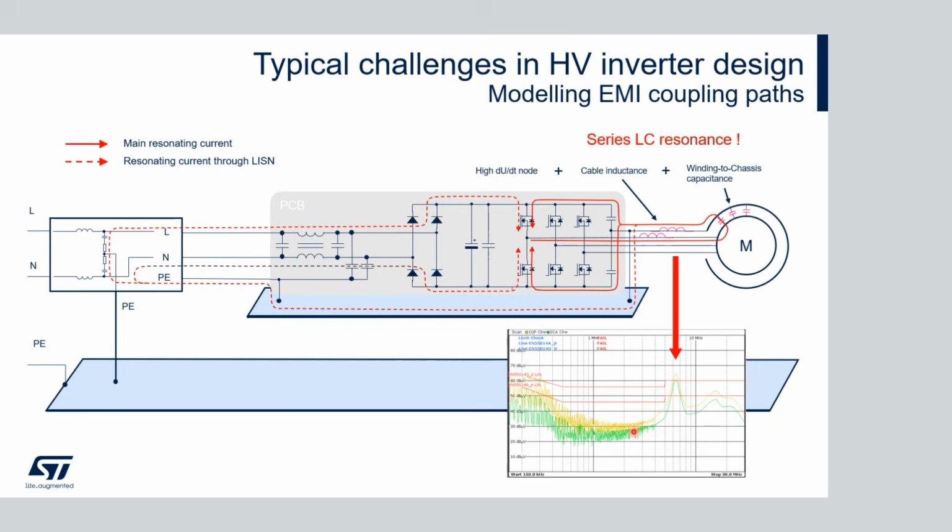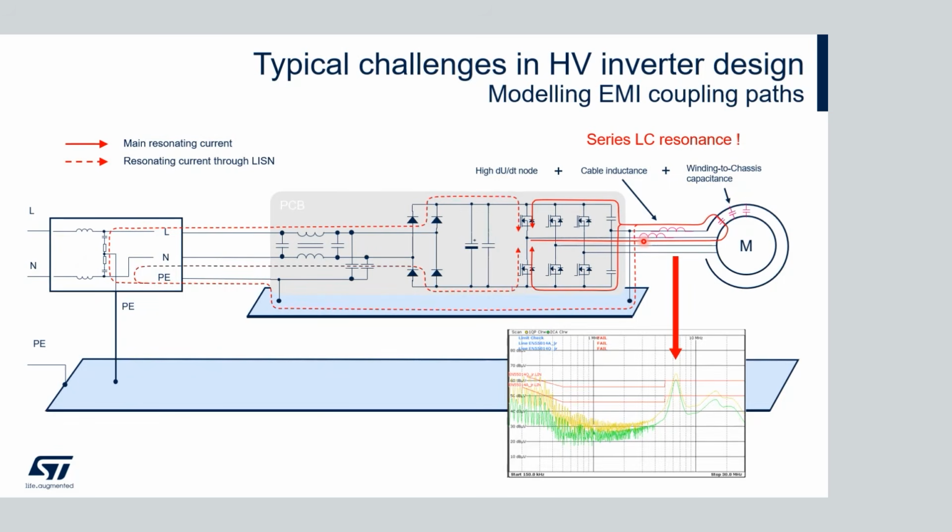For example, in this case, we managed to explain this peak in the EMI spectrum and correlate it to the series LC resonance between the inductance of the wires to the motor, the capacitance of the motor windings to the chassis of the motor, and the inductance of the protective wire of the motor back to the PCB, and then closing back to the output phase where there is a high rate of change of the voltage, which causes a ringing in this LC resonance circuit.